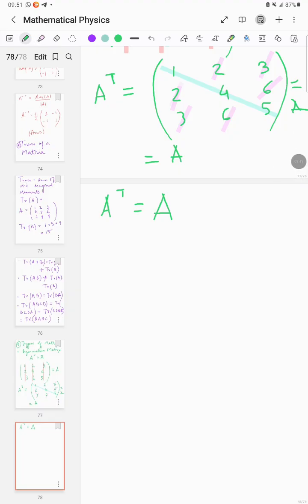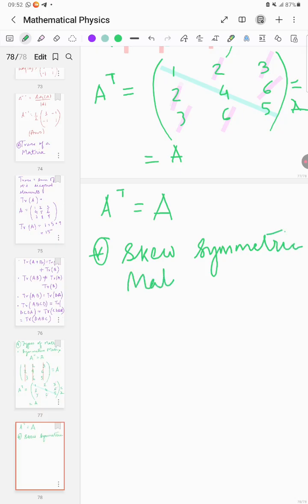Coming to the second type of matrix, which is called skew symmetric matrix. Alright. So what is the definition of skew symmetric matrix?